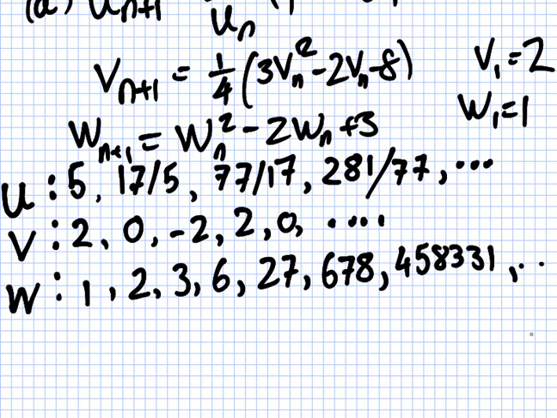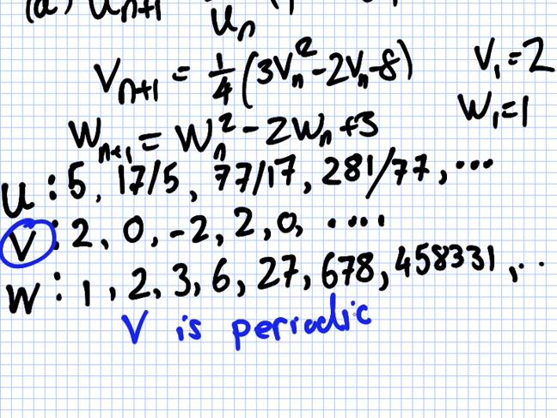Okay, so they asked which is the convergent, divergent, and periodic one. I think the easiest one to see which is periodic straight away is the v. You can see that v is the periodic sequence. Periodic means repeating, so this sequence is repeating itself. Next is the divergent sequence. I think it's clear that it's w here.